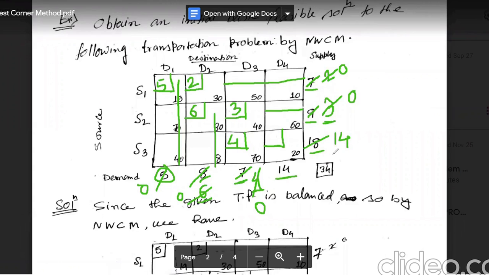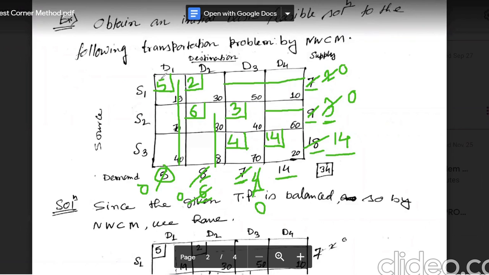And how much can source S3 supply? 14 units. So both are equal. So you need to allocate the whole. So that's over.